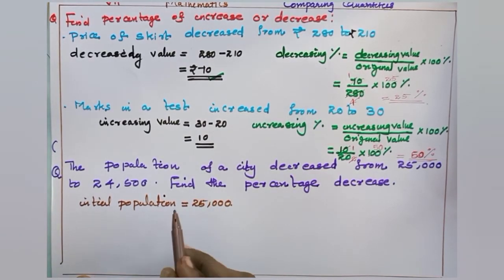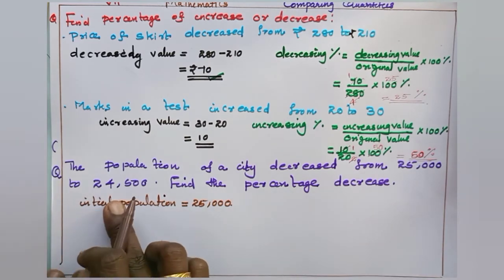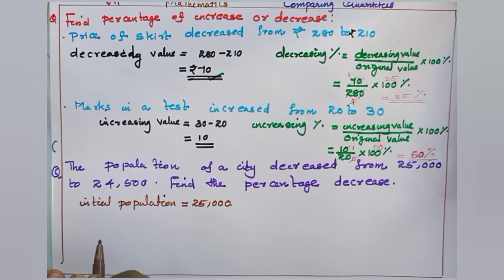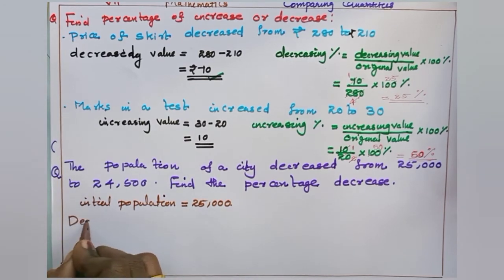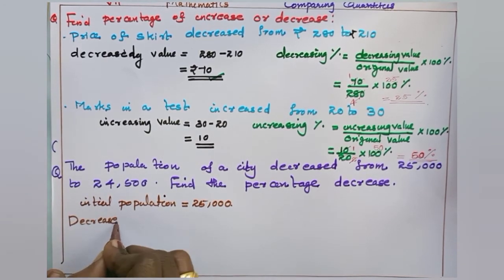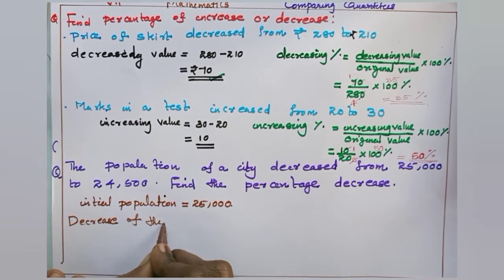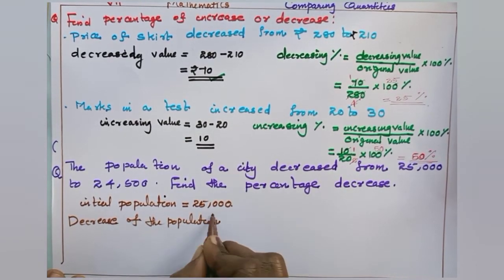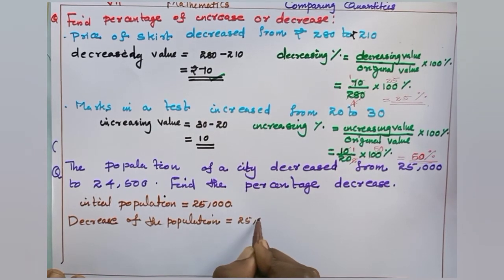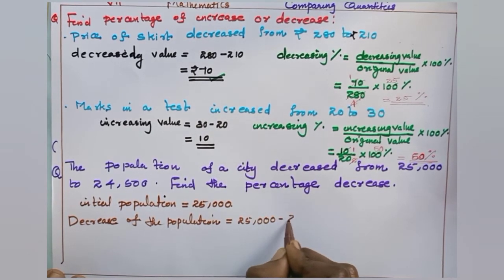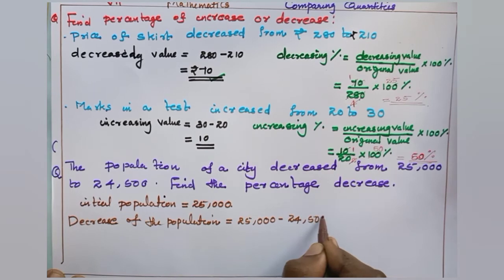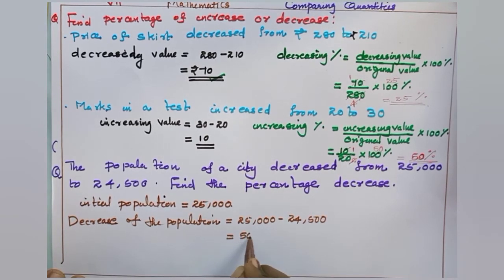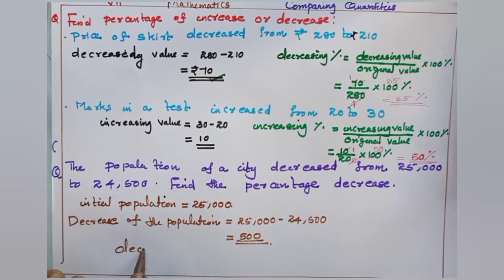Then we want to find the decrease to 24,500. So the decrease of the population equals 25,000 minus 24,500, yes, 500.